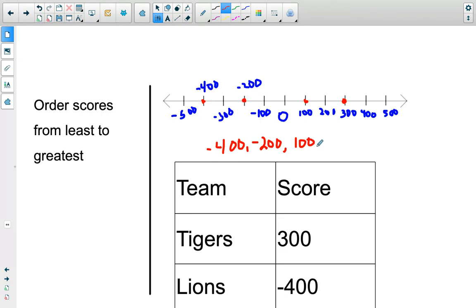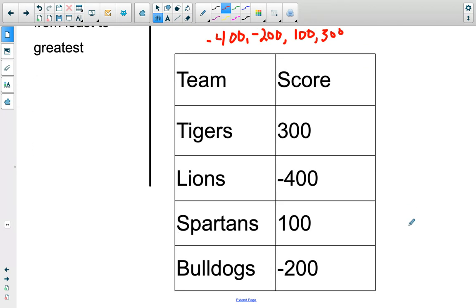And lastly, I have my 300. So put those four numbers in order. Just read them in the order that they show up, left to right, if I'm doing least to greatest. Now, if it's greatest to least, I'd start at the right and move left. Usually it says least to greatest.